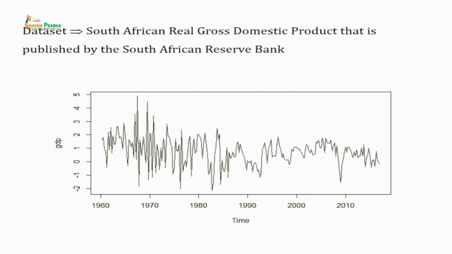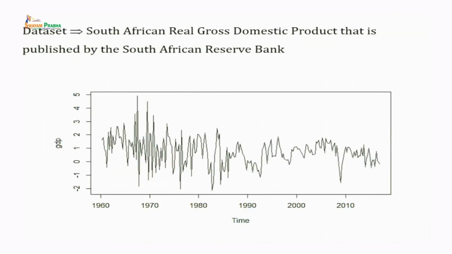Now, we apply the Phillips-Perron test and KPSS test to a real data set for demonstration purpose. We have taken this data set from the South African Reserve Bank website, and the data set is on South African real gross domestic product.